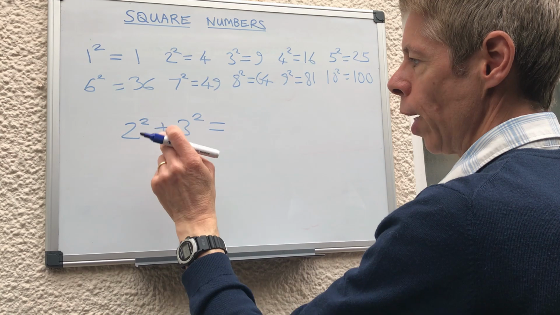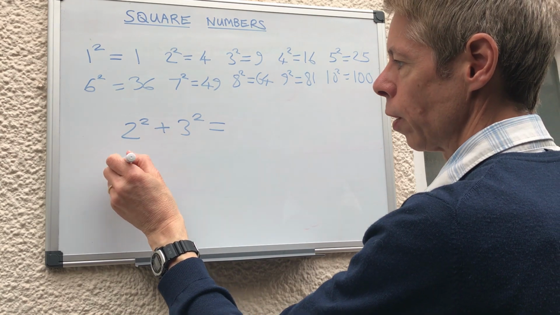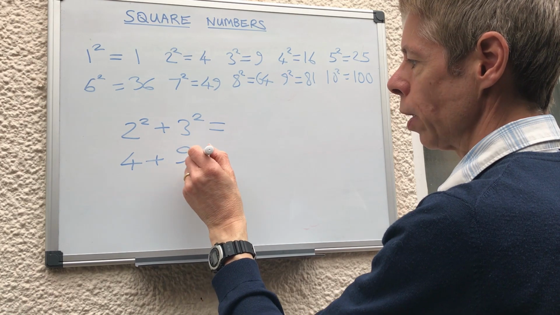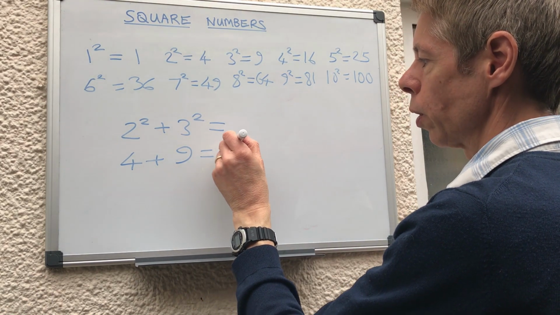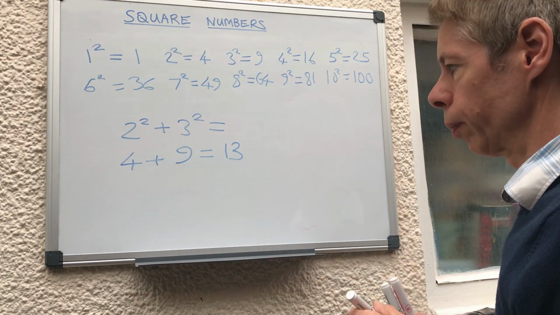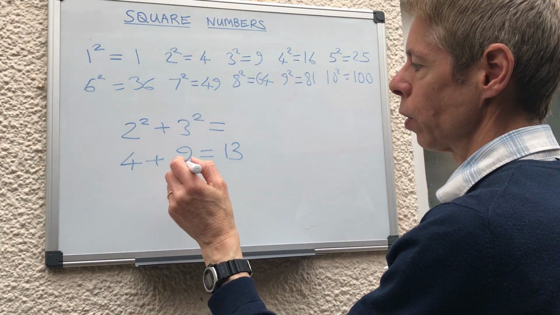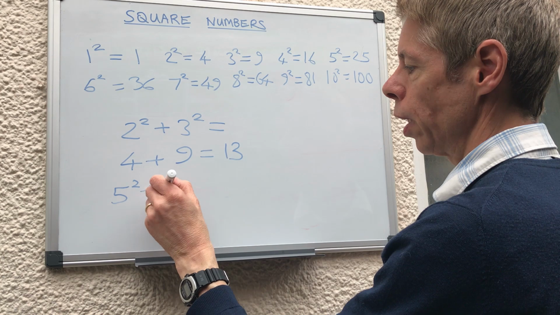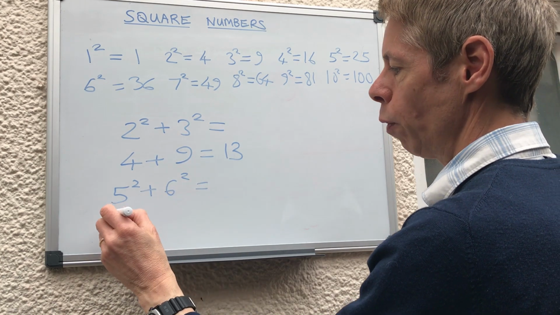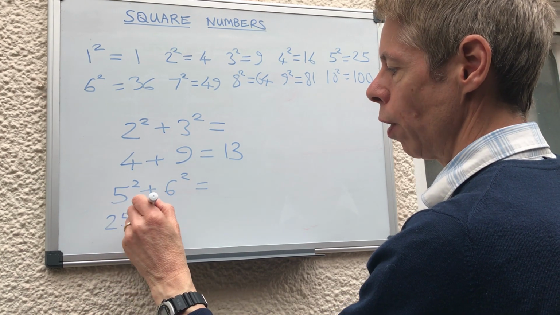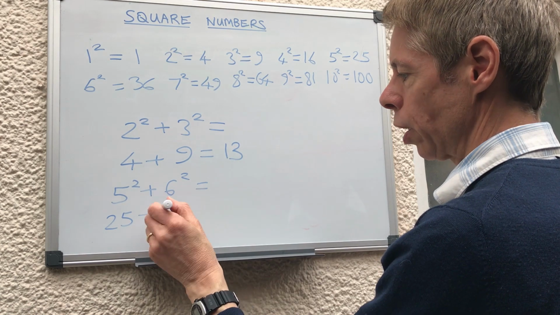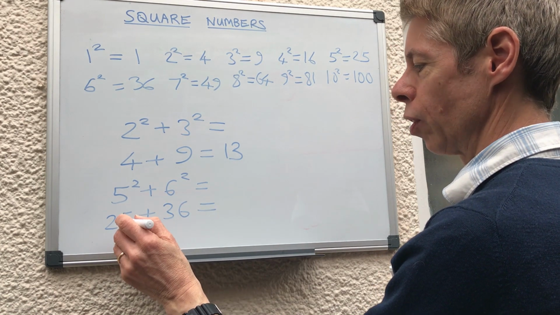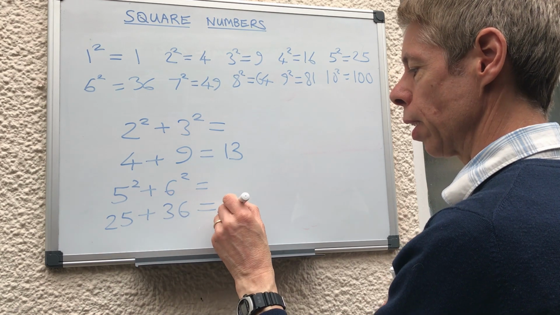So always do the squared bits first. So 2 squared is 4, 3 squared is 9, so 4 plus 9 equals 13. Okay, what about 5 squared plus 6 squared? Well, 5 squared is 25, 6 squared is 36, add them together and we get 61.